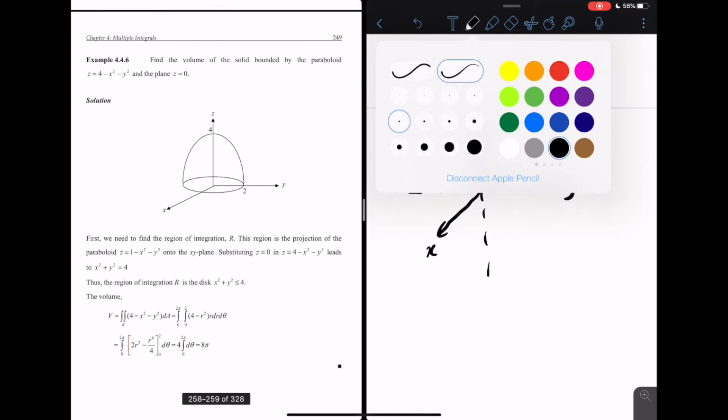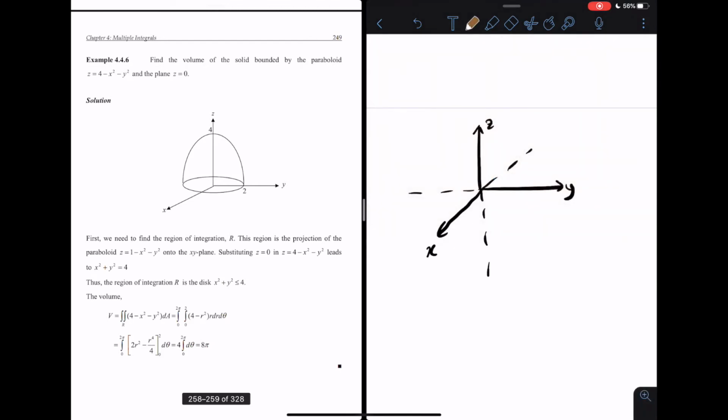We will have exactly what we have in the module, which is a paraboloid, and this paraboloid is represented by 4 minus x squared minus y squared. And you should always remember, our region R always lies in a two-dimensional coordinate system that involves variable x and variable y, or x and y axes.